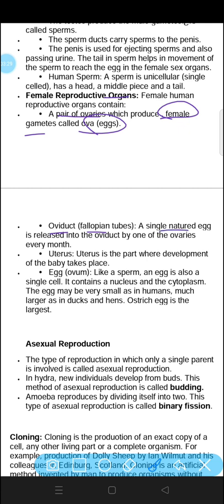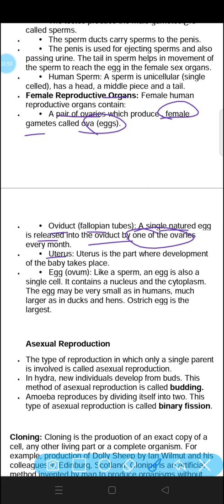A single matured egg is released into the oviduct by one of the ovaries every month. If it meets the sperm, it will fuse with the sperm; otherwise it will rupture and come out in the form of blood through the vagina.